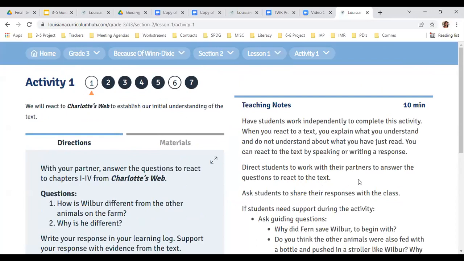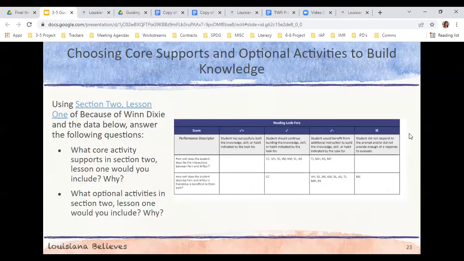These questions address how Wilbur is different from the other characters, which will lead them to better understanding how he interacts with them. And so you can look specifically at that activity at this link I'm dropping now in the chat. All right, Tara, we can go ahead and move on to that next slide.